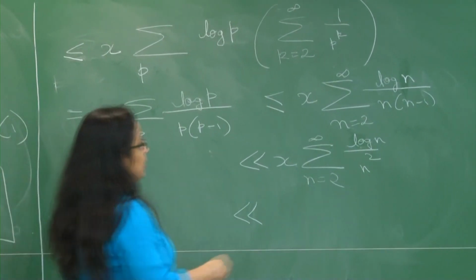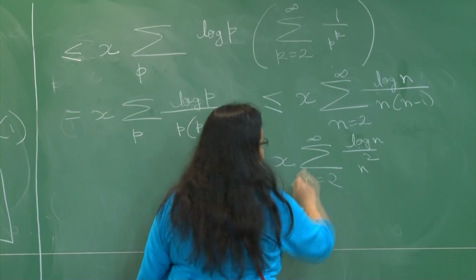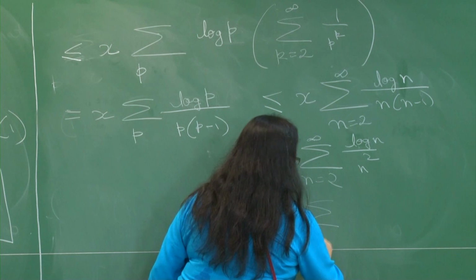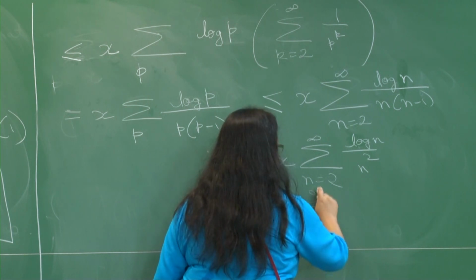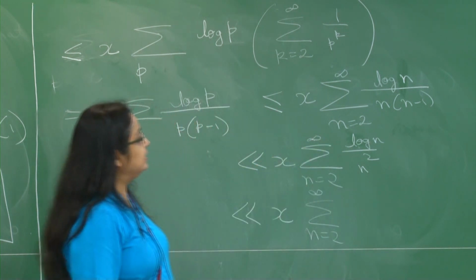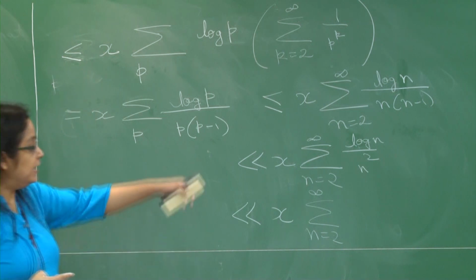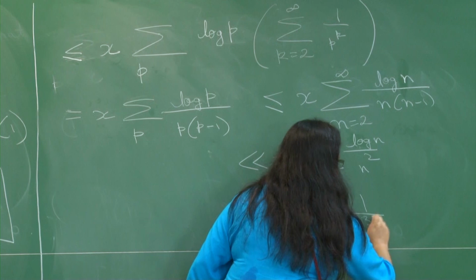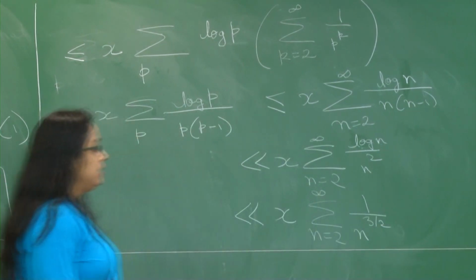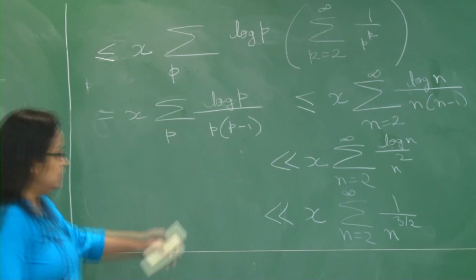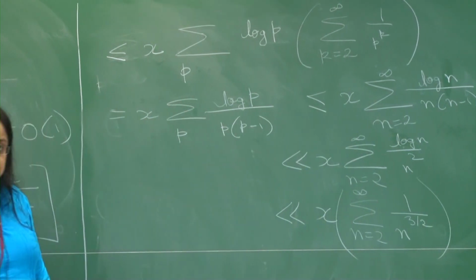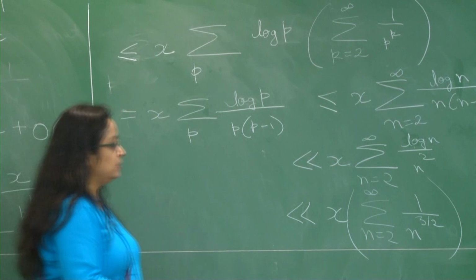So, in particular you can take epsilon to be equal to half, and you know that log n is less than n to the half. N to the half over n square is just 1 over n raised to the 3 halves, and this is good because we know that this sum definitely converges to an absolute number.